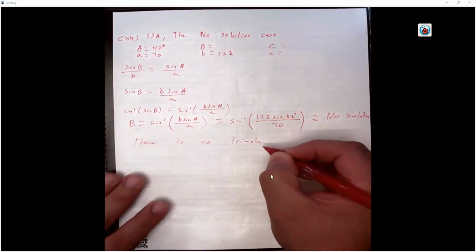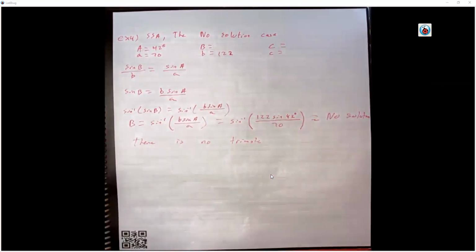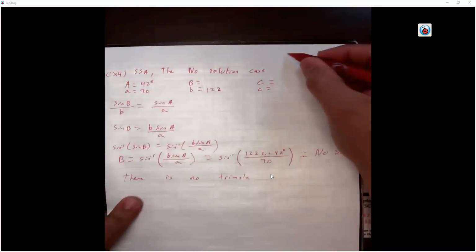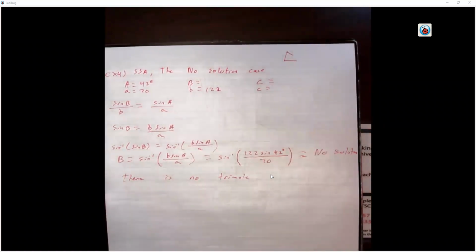Visually, do you know what that means? It sounds weird, right? There's no triangle. What does that mean for all those sides that they gave us? Yeah, the shape basically doesn't close off. It just kind of stops.